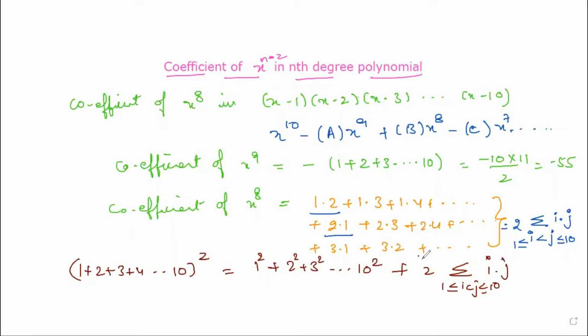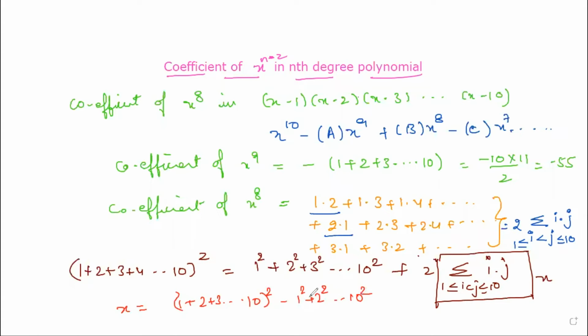It's just less than here; i cannot be equal to j, then it won't be the required product. So whole of this, let us assume to be some x. Then x I can write as (1 + 2 + 3 till 10) whole square minus (1 square plus 2 square till 10 square), divided by 2.